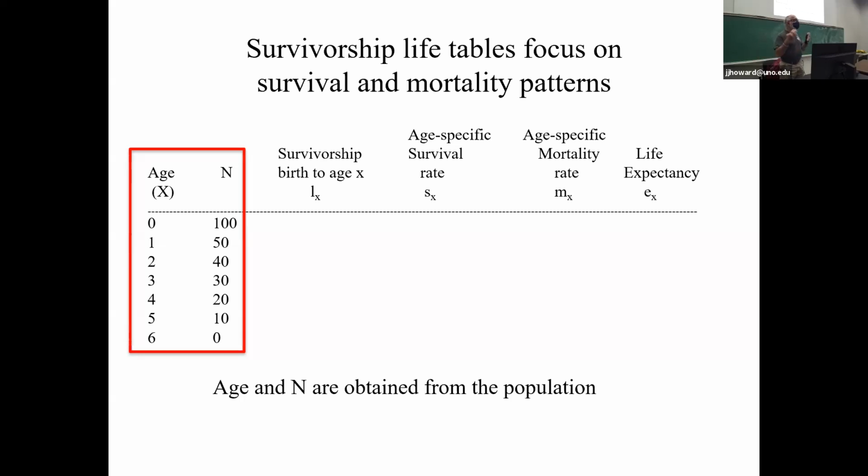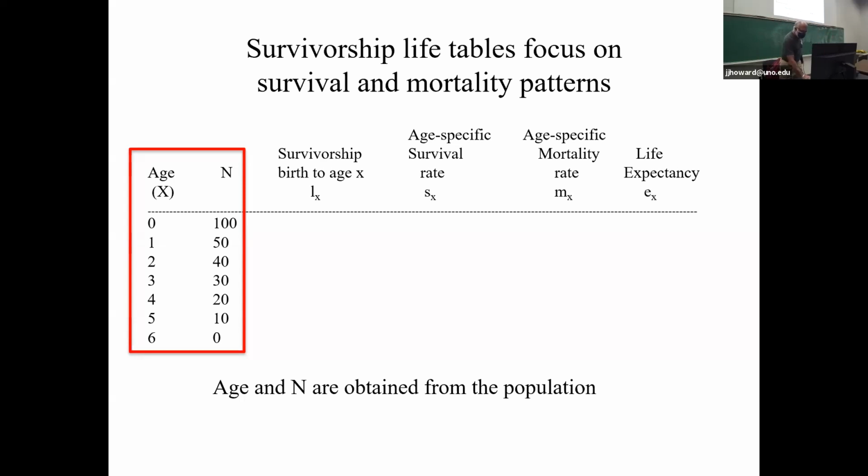So in order to show you how the life table works, I'm using an example of a dynamic life table that's actually really kind of simple. So here we see the pattern of births and we see the pattern of deaths from birth to the end of life for these 100 individuals.